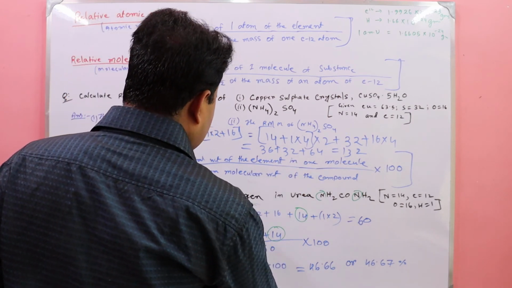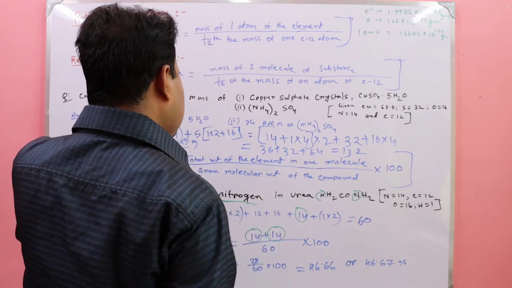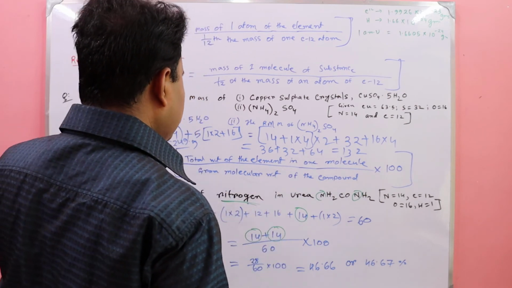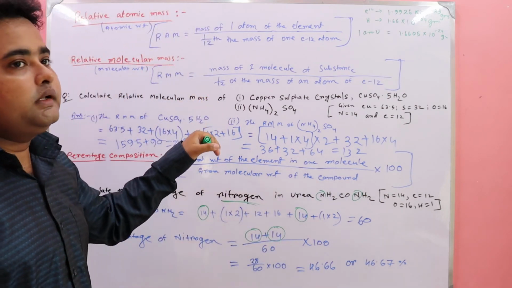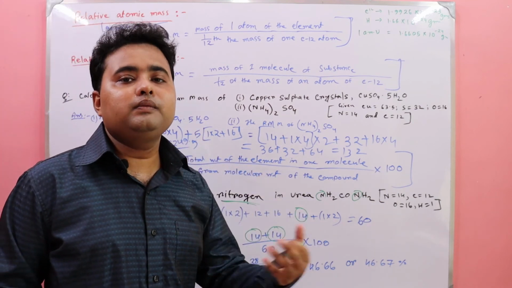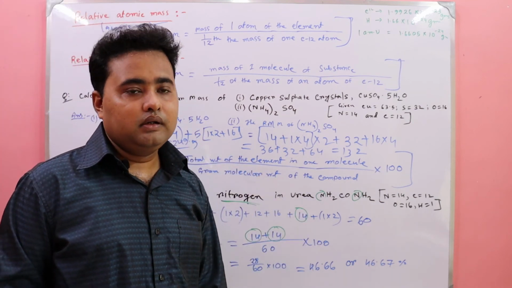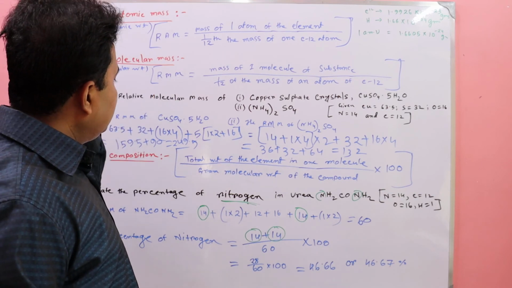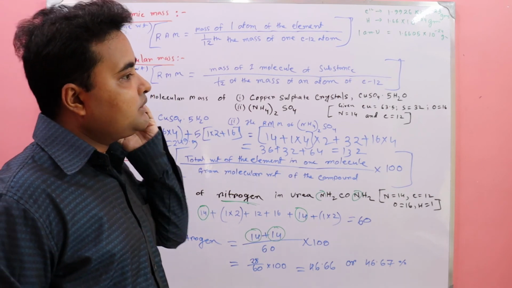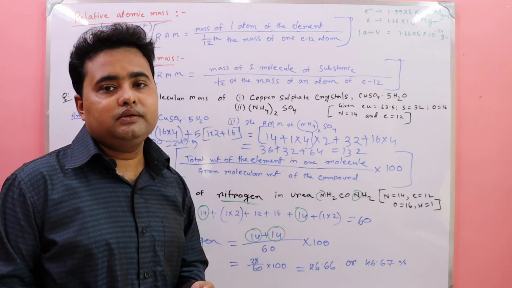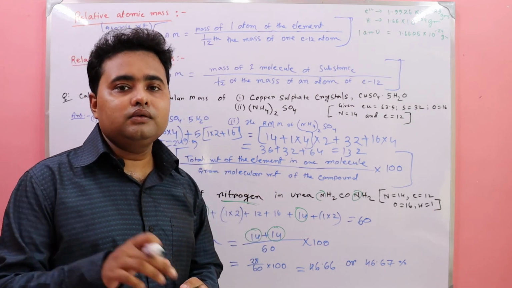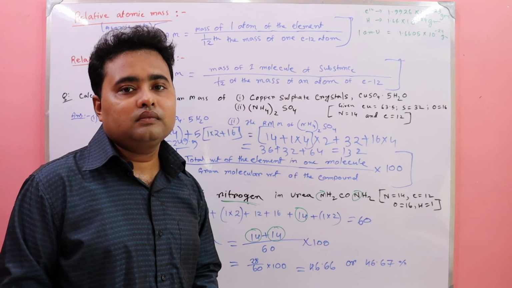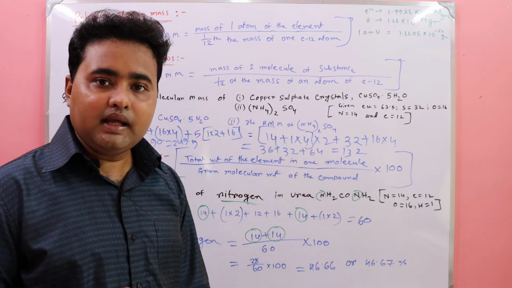Divided by the gram molecular weight of the compound. That means if you convert the molecular weight into grams, it becomes the gram molecular weight. Suppose the molecular weight of oxygen is 32, 16 into 2 is 32, if you convert it to grams, it becomes 32 grams. Clear?